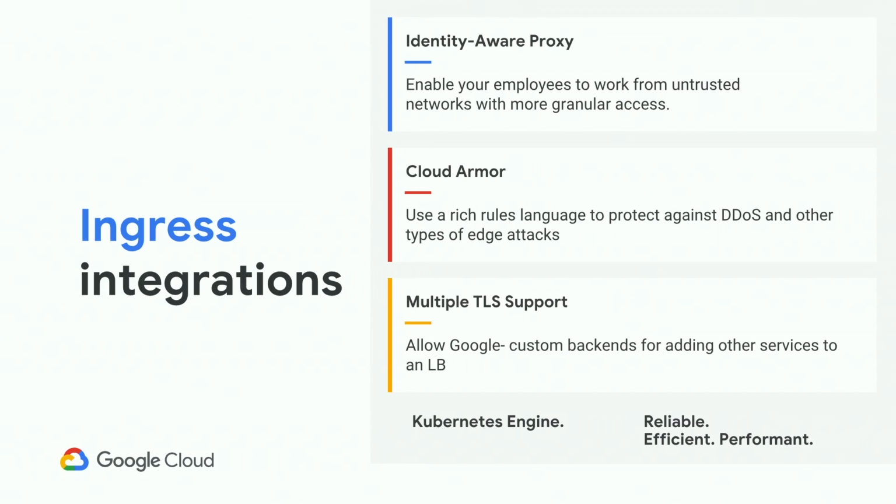Cloud Armor is our defense against distributed denial of service attacks engine. You definitely want to have some sort of DDoS protection built into your load balancer to prevent all sorts of edge attacks from malicious actors. Multiple TLS certificate support is to enable multiple SSL or TLS certificates for your deployments for every single domain that you own.